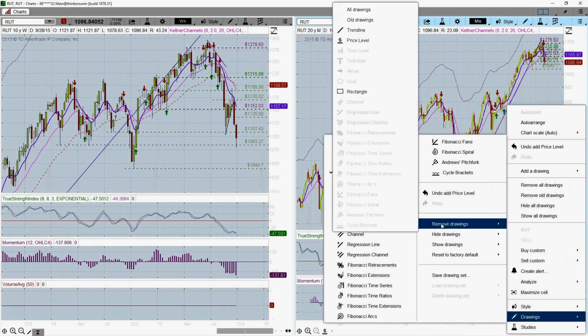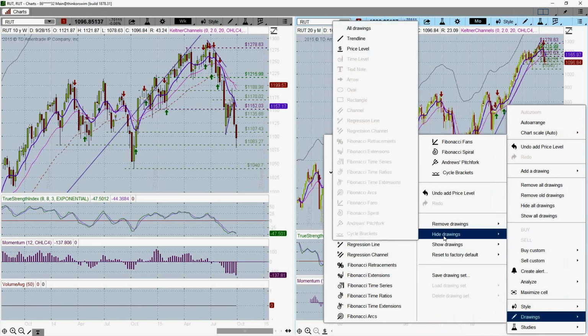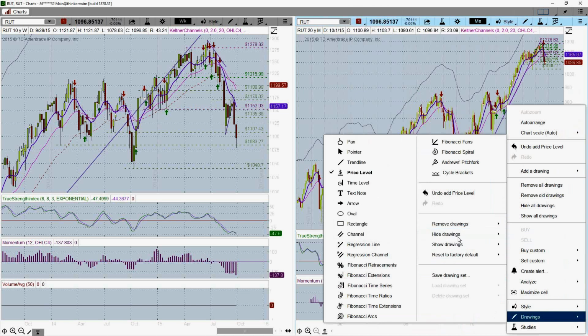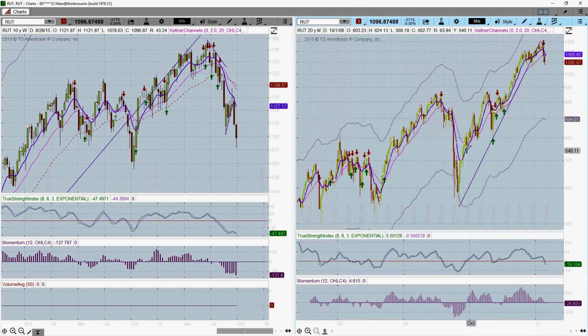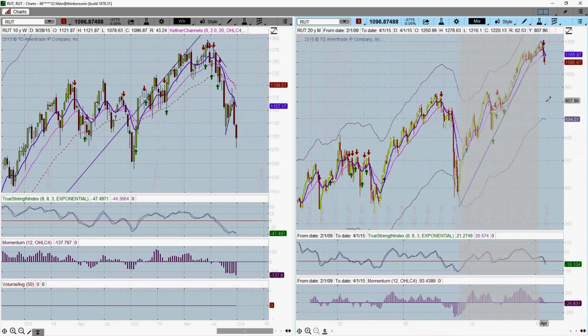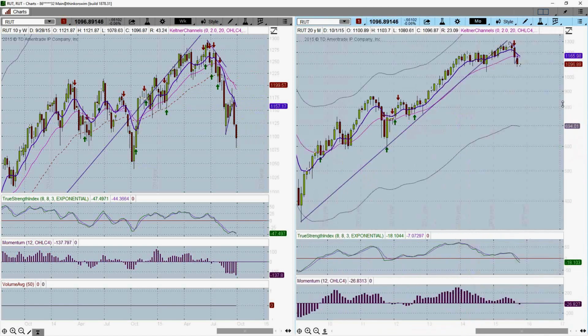Yeah, and I'm going to just hide the drawings here for a second. I have not followed this very carefully, but what I am hearing is that on the days with a strong downtrend we have high volume, and on up days we have low volume, and that's certainly not a good sign.